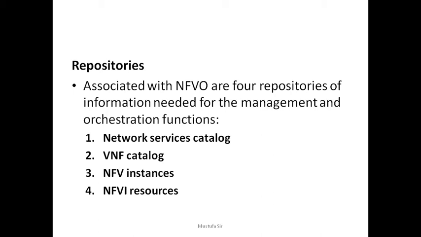Third is NFV instances, a list containing details about network service instances and related VNF instances. And last is NFVI resources, the list of NFVI resources, that is the infrastructure you have, the storage systems, the computing systems, etc. All the resources will be listed in this repository.